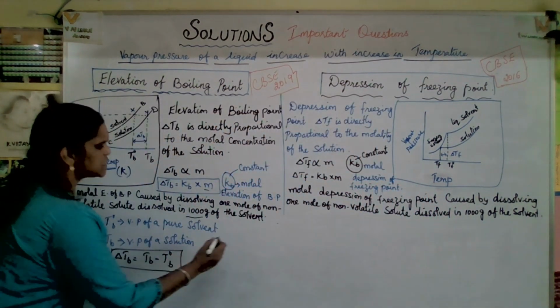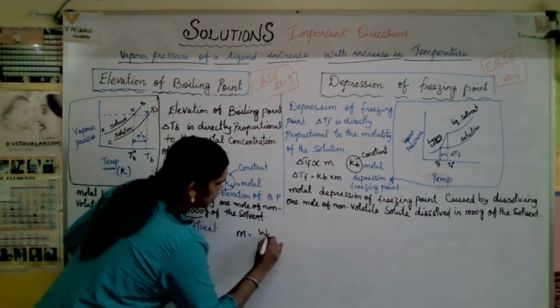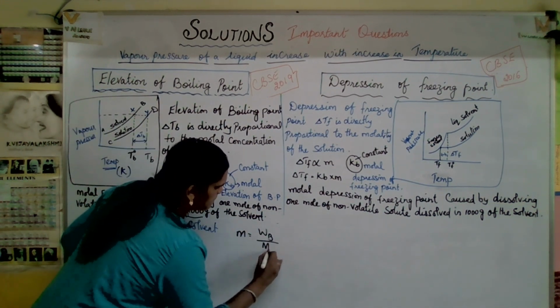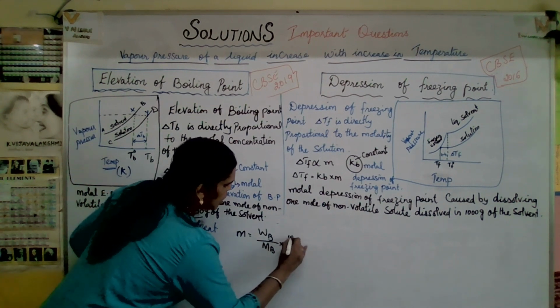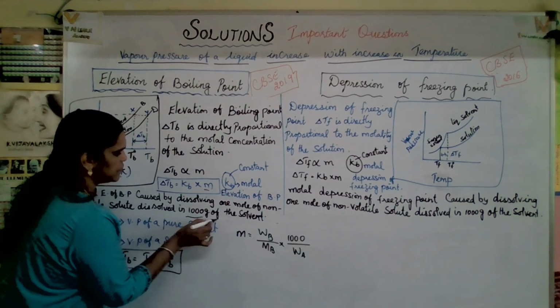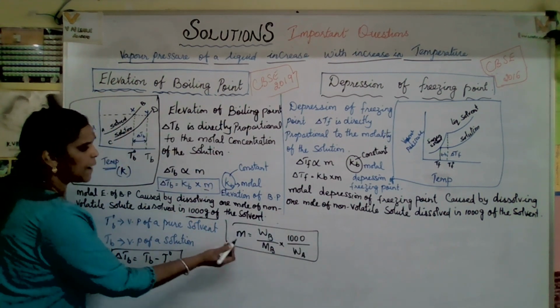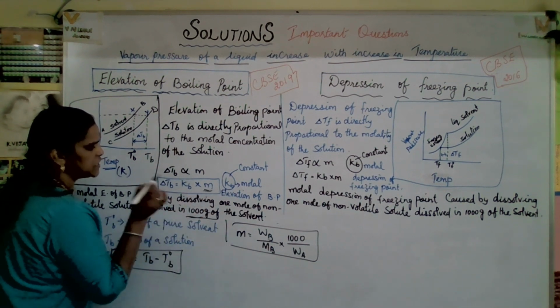Now small m represents molality, so m equals WB by MB into 1000 by WA, where 1000 is in grams. We can apply this value here.